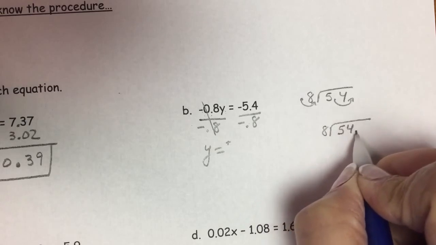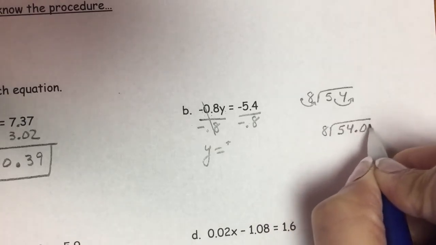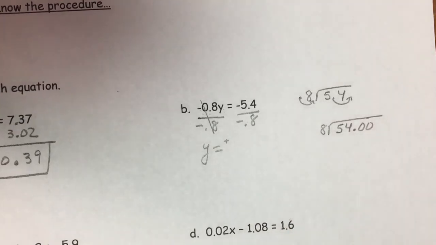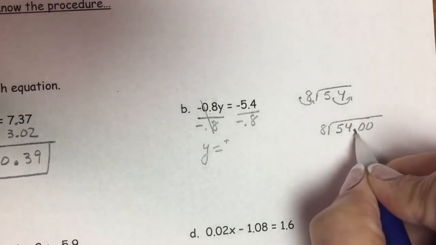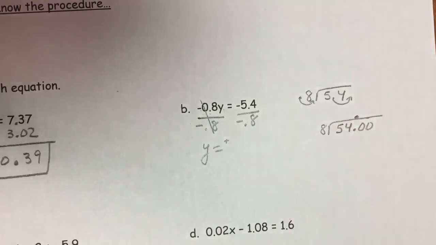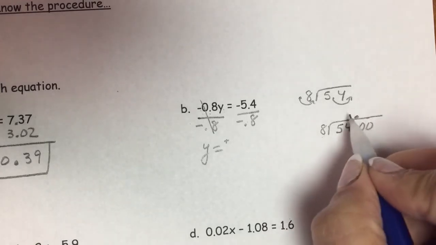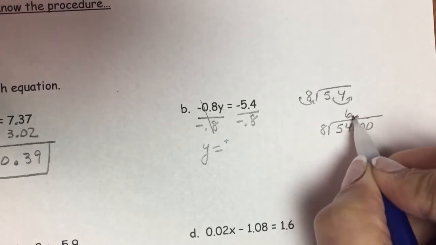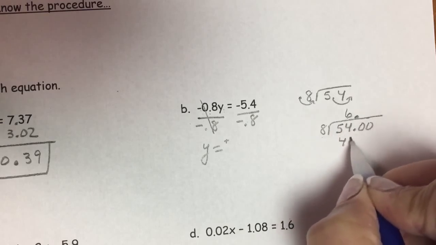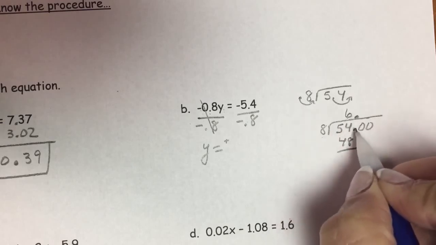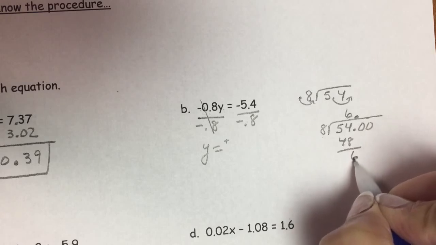You don't have to. I'm going to put my decimal there, and I'm going to add a couple of zeros just in case I need them. The decimal in my answer is going to go right up there. So 8 goes into 54 6 times. 6 times 8 is 48. Subtract, you get 6.